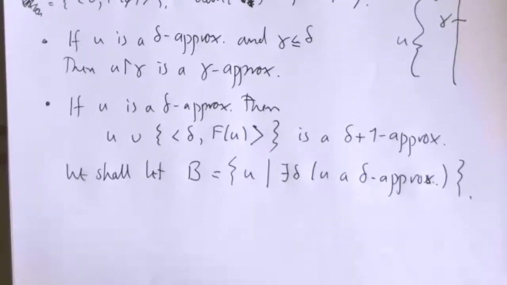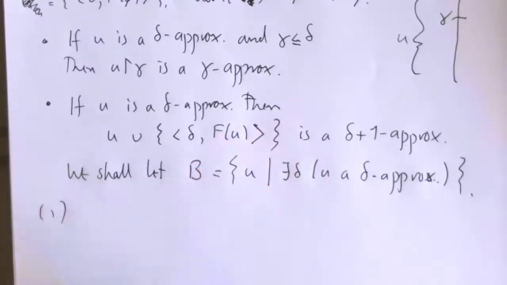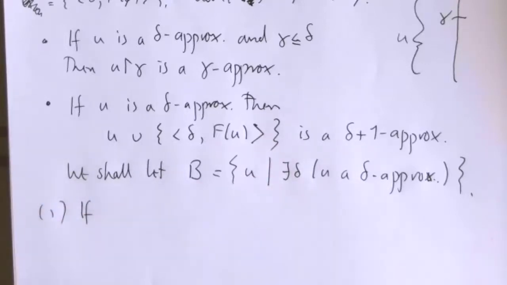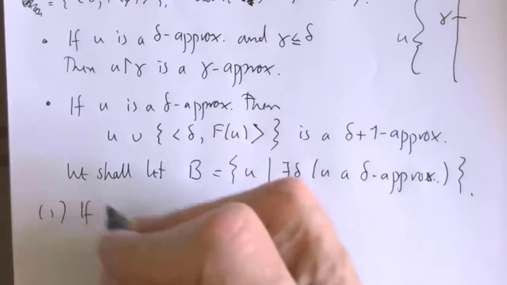And now the layout is a lot like what we did before. We first said if U is a k approximation and k prime was smaller than k, then the restriction would be a k prime approximation, and they would agree on their domains.